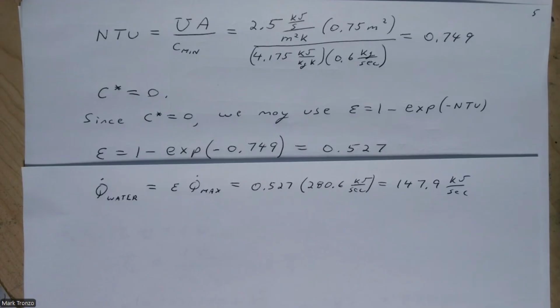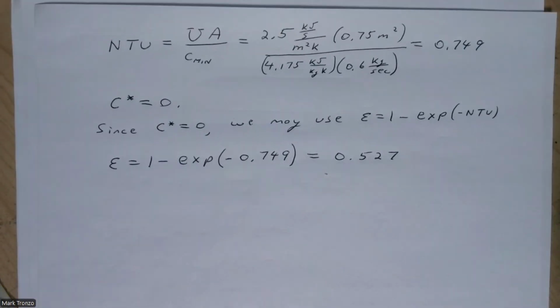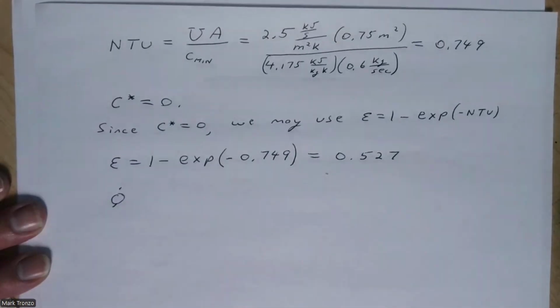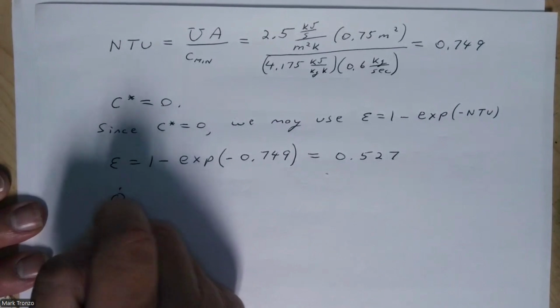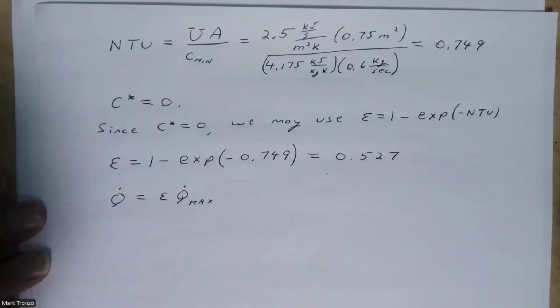And we use that again when we calculate the heat transfer rate from the steam. So now, as I said earlier, the actual heat transfer, and some books call this Q actual, but I'll just put Q, is going to be equal to, like this.